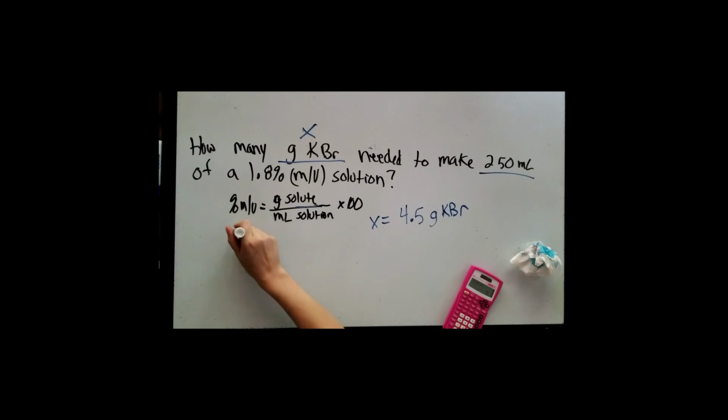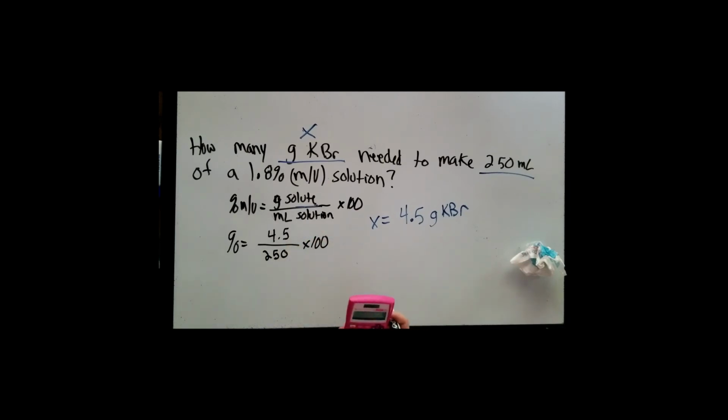If I want to figure out the percent, I'm going to take the grams, 4.5, divide it by the milliliters, 250, times 100. 4.5 divided by 250 times 100 equals 1.8%. So, does it match? It does. So this is the correct answer. Just a nice way to double check your work there.